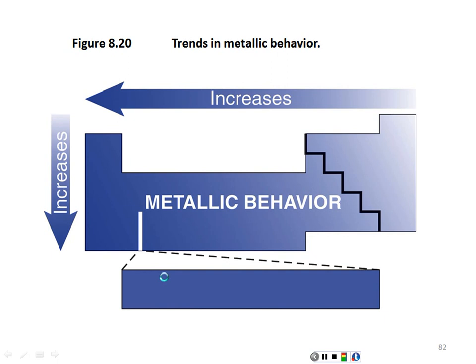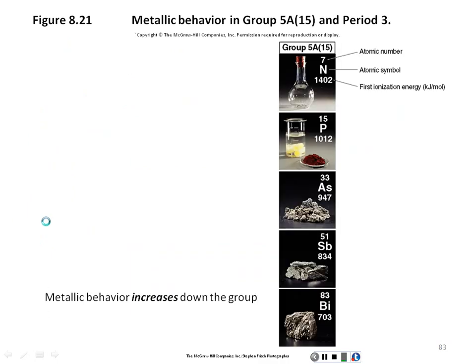So most metals form ionic oxides, which are basic in aqueous solutions. If we look at trends of the periodic table with respect to metallic behavior, it increases as you go to the left side of the periodic table and as you go down the group. If we look at group 5A, we start with nitrogen, which is a colorless gas.